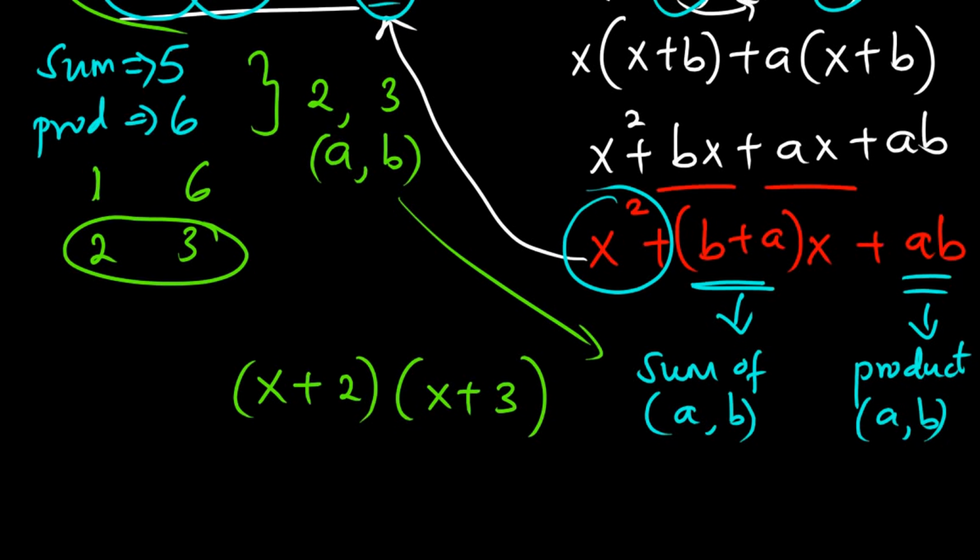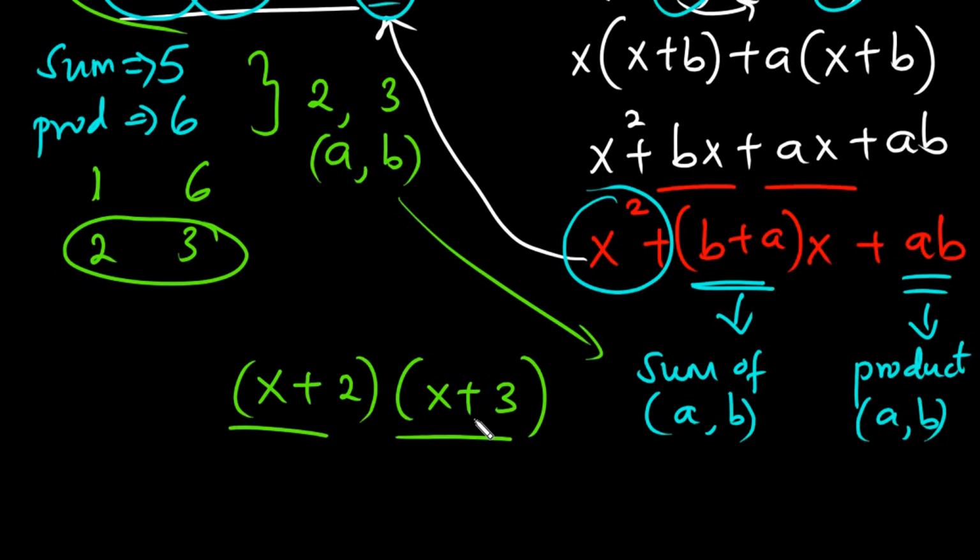And that is how to factor that expression. If you want to know whether you have done it right, you just need to multiply these two, or expand this. When you expand it, you're going to get our expression, x squared plus 5x plus 6.